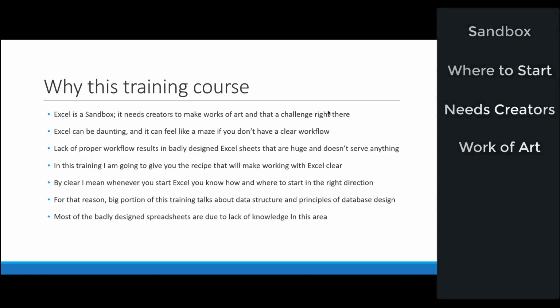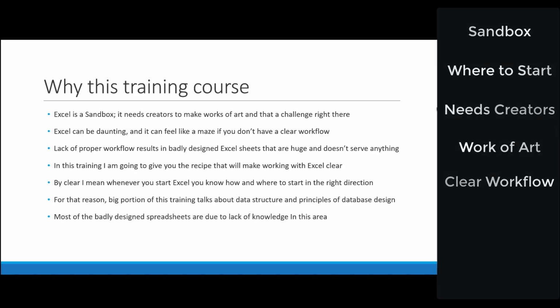So the challenge with Excel is that it can feel sometimes like a maze if you don't have a clear workflow. And the lack of a proper workflow results in badly designed Excel sheets most of the time. And we've seen those Excel sheets. We've all been victims of those Excel sheets.